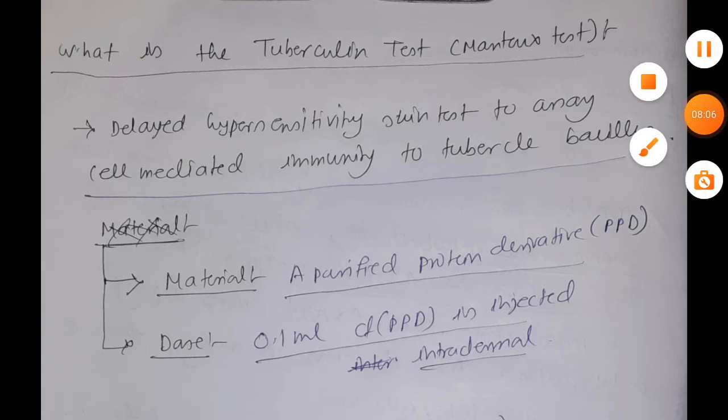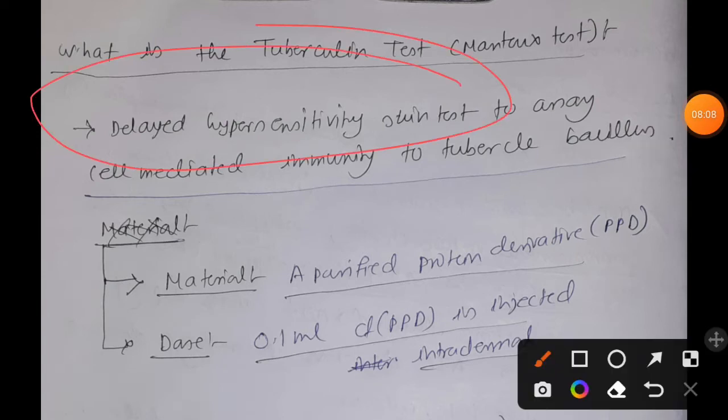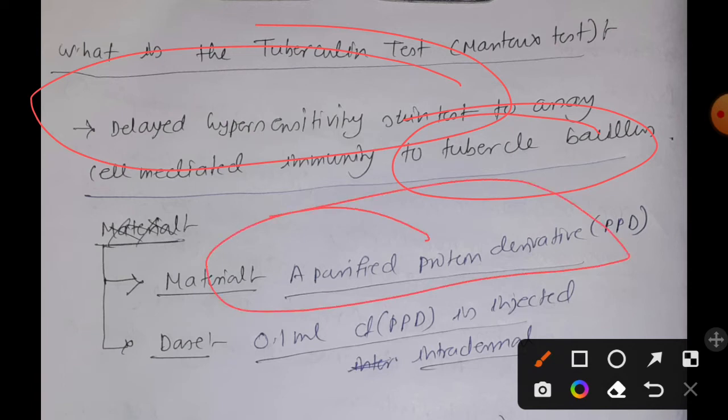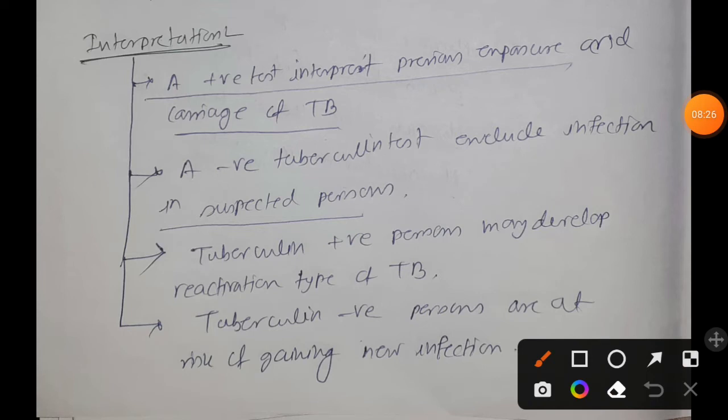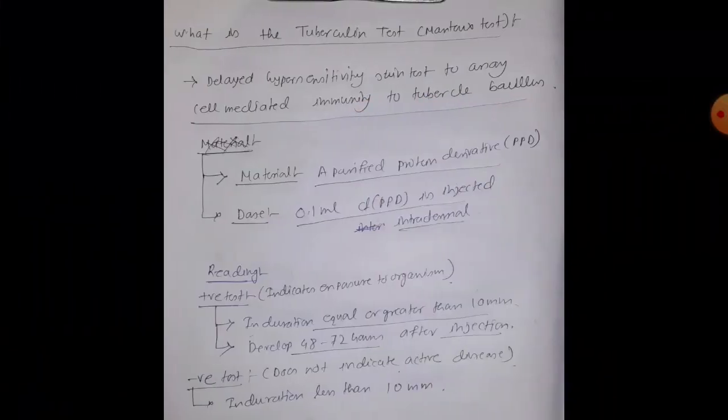So the delayed type hypersensitivity skin test will assay the cell mediated immune response to tubercle bacilli. Here our goal is to inject 0.1 ml of tuberculin purified protein derivative intradermally. So for interpretation, a positive test is to interpret previous exposure and carriage of TB.